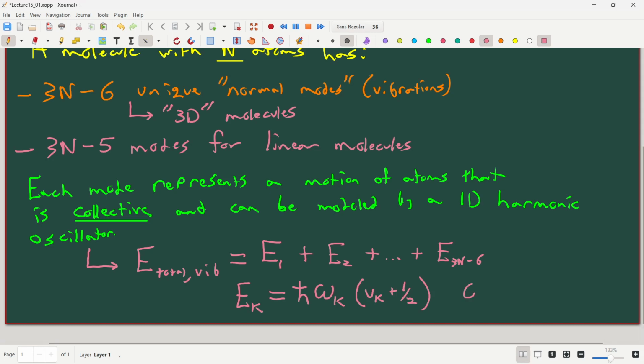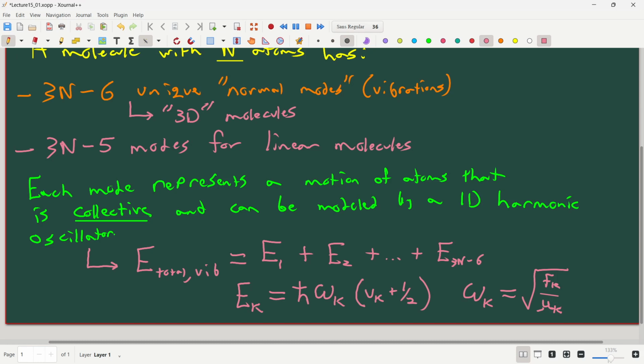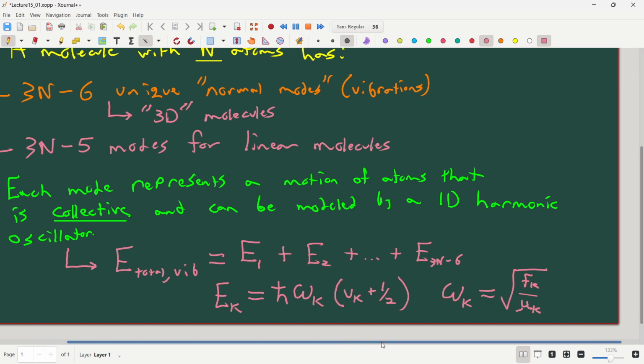And of course omega k, the frequency, is associated with the square root of the force constant for that mode, which we called F, I'm sorry, I called it F last class, F sub k, the force constant, divided by some effective mass, the reduced mass. Okay? And so, again, everything's exactly the same as it was for a diatomic molecule.